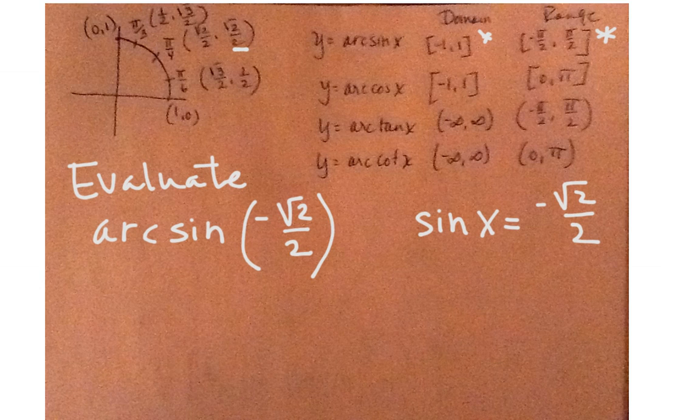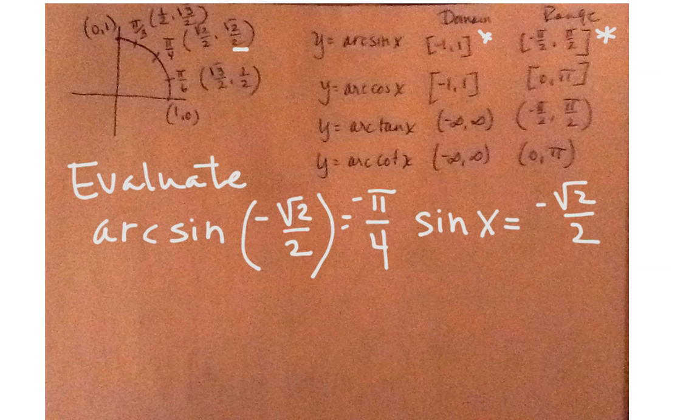I know in the first quadrant it's pi over 4 when it's positive, and that has to be negative square root of 2 over 2. So where is the arc sine of negative square root of 2 over 2 and falls within the range? It's going to be at negative pi over 4. Because this is periodic, I've got an infinite number of answers, but I have to have that answer fall within the designated range.